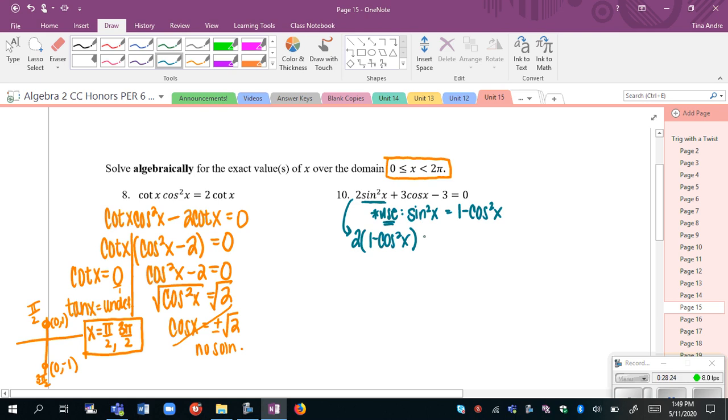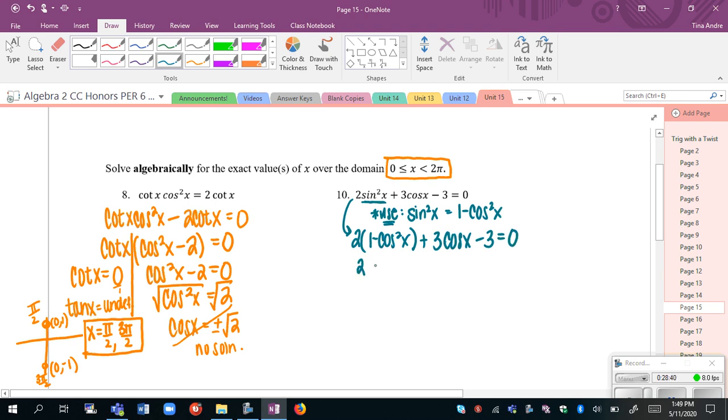For this one, I have to get it all in terms of cosine first, because there's no way for me to factor this without doing everything in terms of cosine. That's why I'm doing it, versus the last one, where I could factor something out.